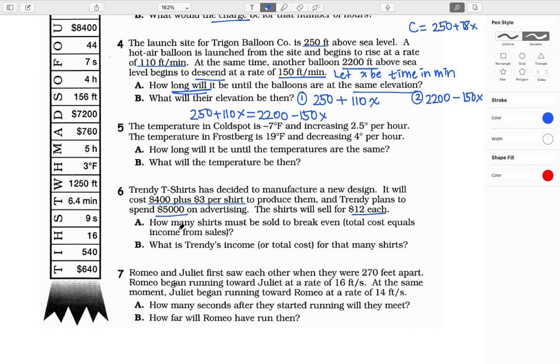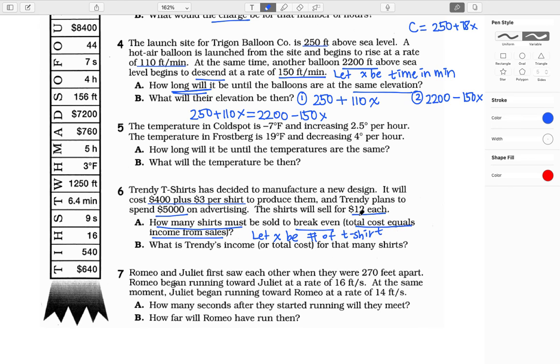So they're asking, how many shirts must be sold to break even? Break even means that you're not earning or you're not losing. So what that means is that total cost is going to equal how much you earn from the sales. So we could say let X be the number of t-shirts.